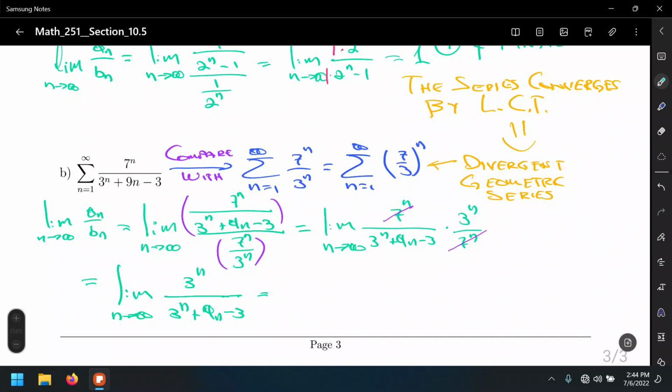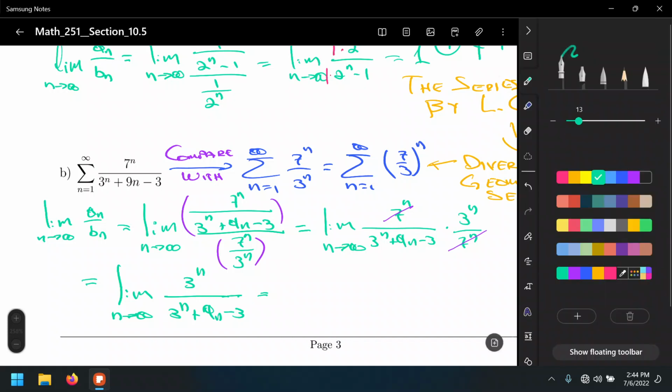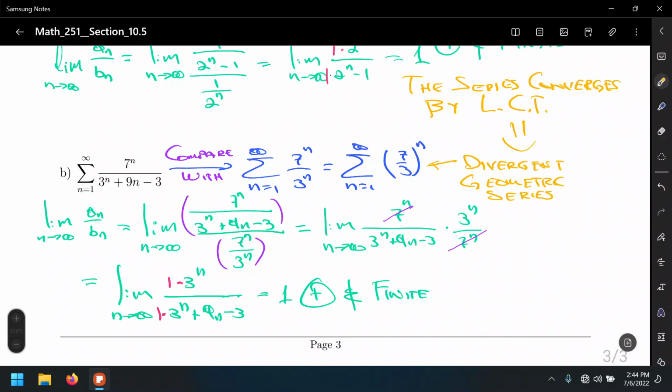The invisible coefficients are 1 over 1, if you will. So the final answer to this limit is also positive and finite. Then the original series will do whatever the test series does. In this case, it diverges by the limit comparison test.